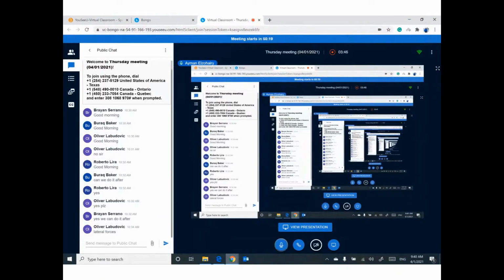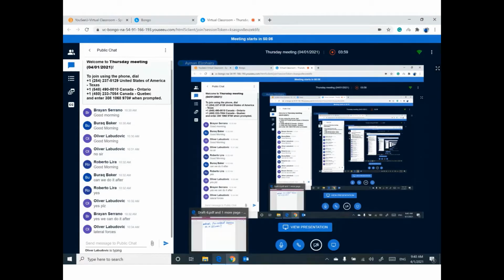Anything else? Lateral forces are the only cause for tension.